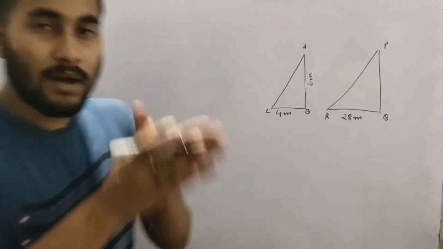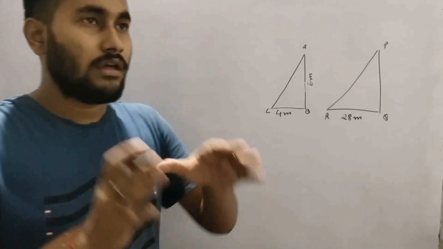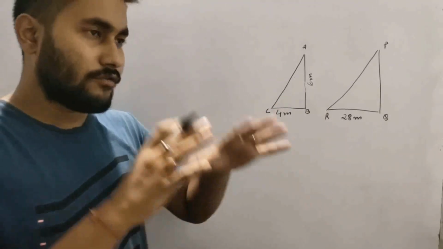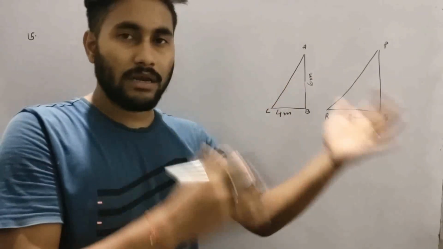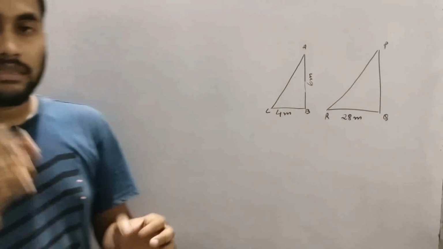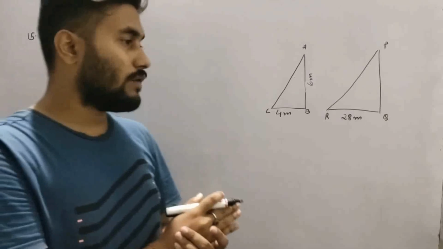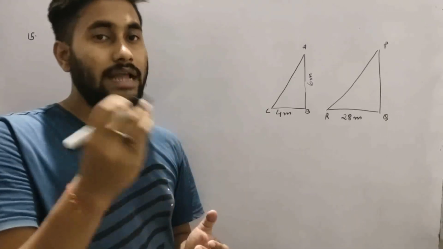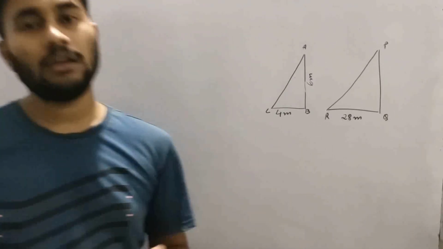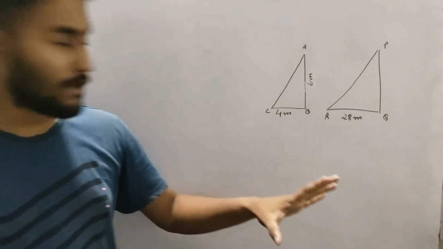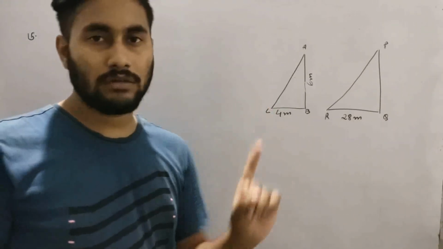So remember one thing, at a particular same time, whatever shadow it is casting, of me or of any building, the angle of that shadow, which we call the angle of elevation that you will learn in your chapter Heights and Distances, will always be equal.